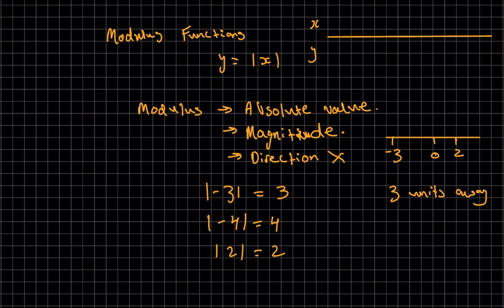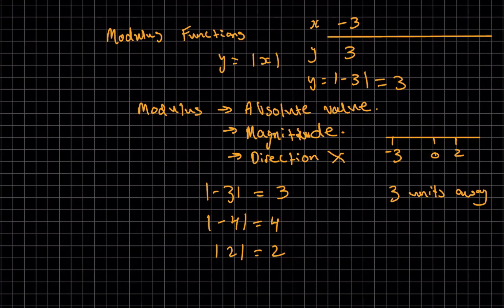So if we were to put in x equals -3 into this equation, then we would get y equals the modulus of -3. Well, as we determined before, the modulus of -3 is simply 3. So your coordinate at this point would be -3, 3.